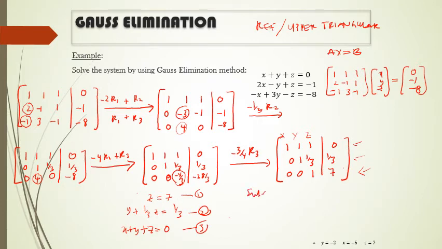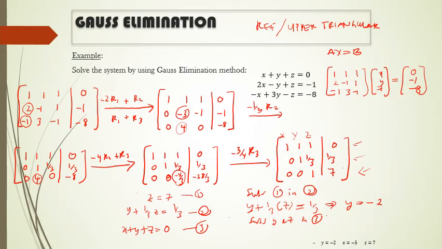We substitute 1 in 2. So Y plus 1 over 3 times 7 equals 1 over 3. So Y must be equal to negative 2. And then substitute this Y and Z in 3.